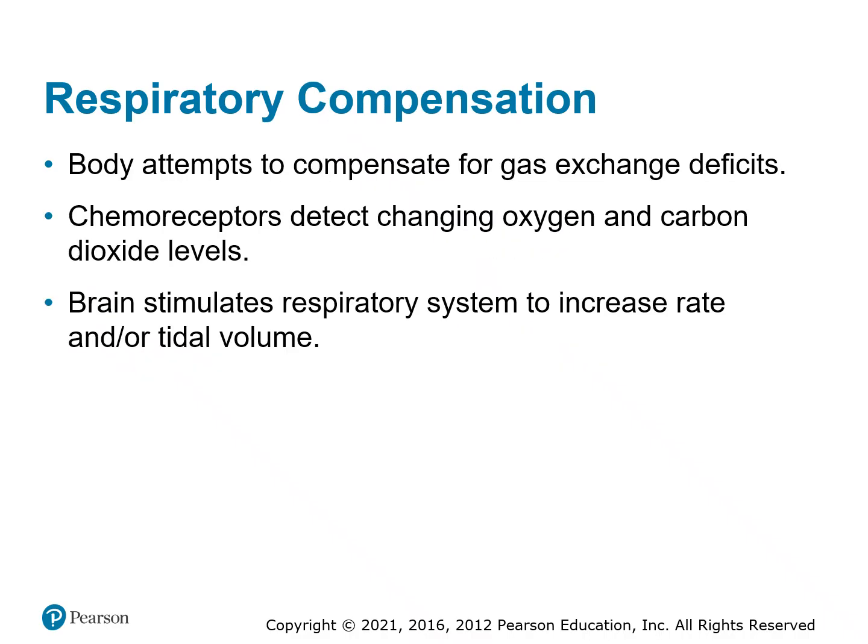All right, so the respiratory system will try to compensate for those defects. Remember, I told you the body likes to protect itself. There are ways it will compensate for things. If there is an exchange problem and there's not enough oxygen exchange going on, then the chemoreceptors might detect those changes and the brain will stimulate the respiratory system to increase rate or to increase tidal volume, either one or both.